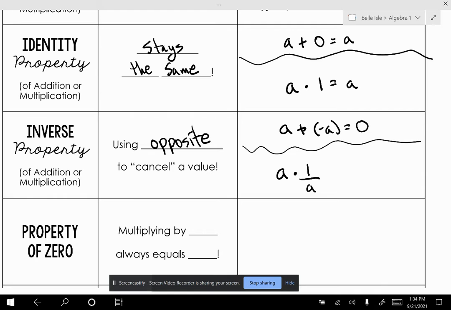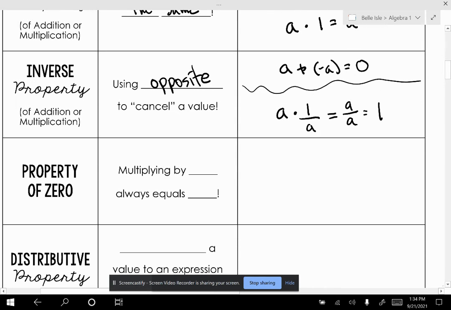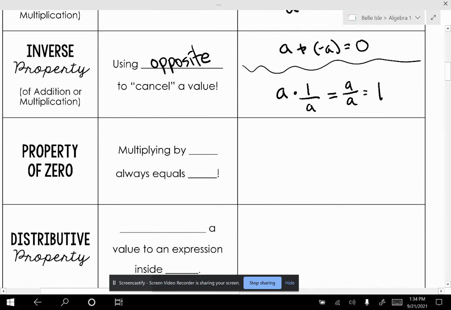That changes the value by doubling it. But multiplying a number by its inverse, which is 1 over whatever that number is, will give you a over a, which is what? 1. Correct.